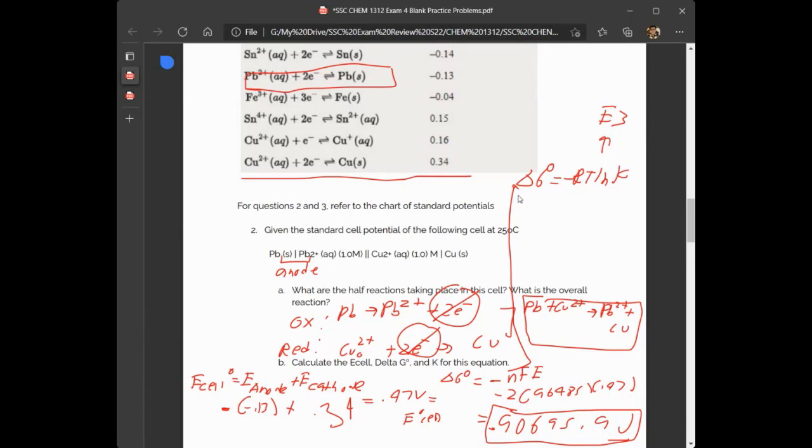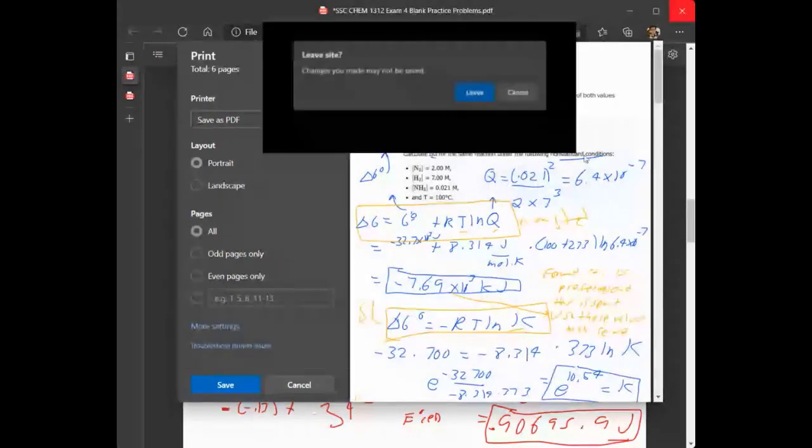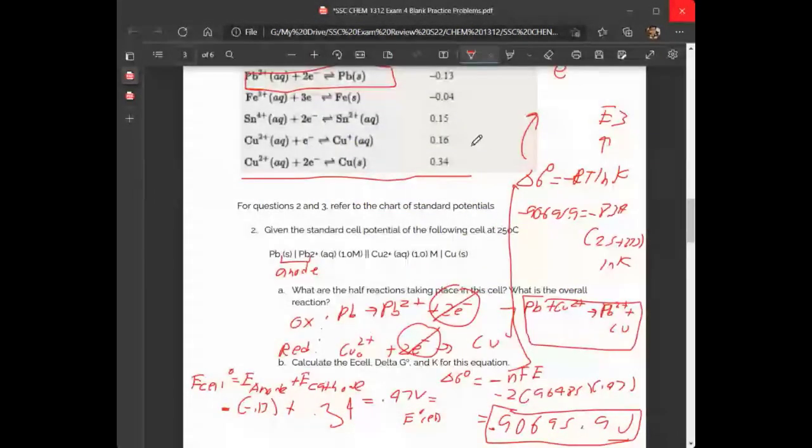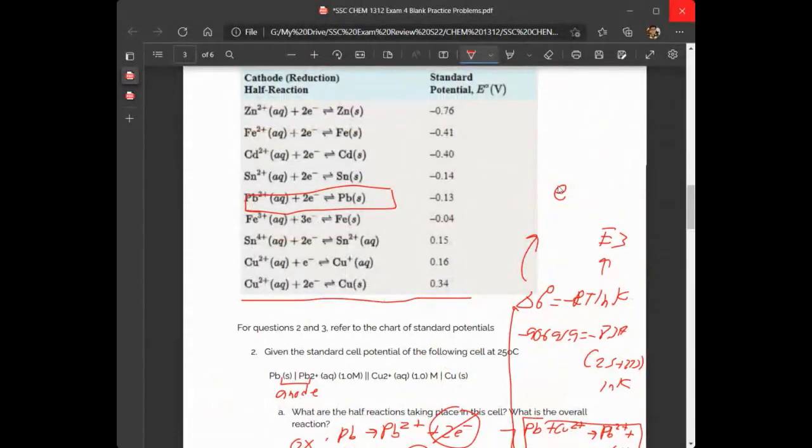So plugging in our numbers, we have this value is equal to minus 8.314 times the temperature, 25 plus 273, times ln of K. And so simplifying that, you get K equal to e to the power of 36.60.